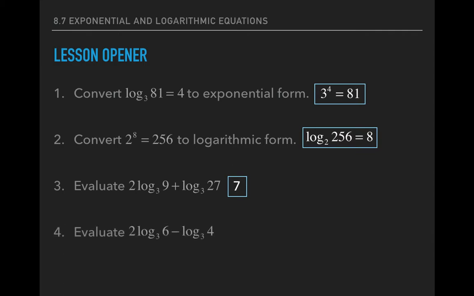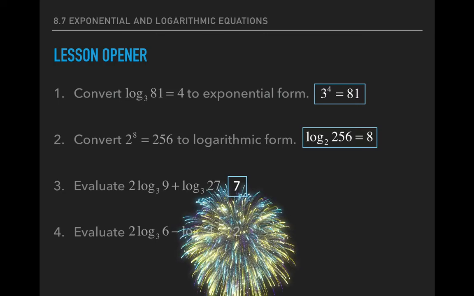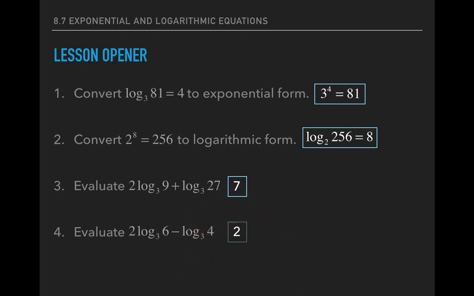Evaluate this one as well. Pause right now and work to find what that would be. All right, the correct answer is 2. If you all had questions on any one of these, just make a little note of that in your margin, and we can talk through them together when we're in class.